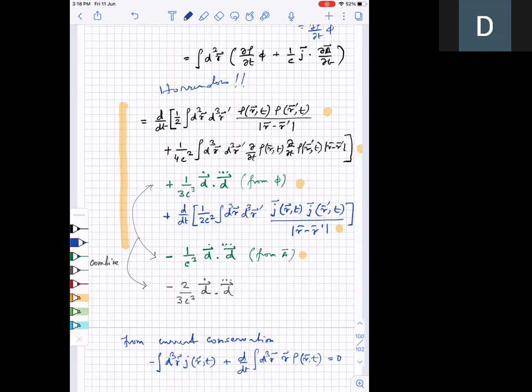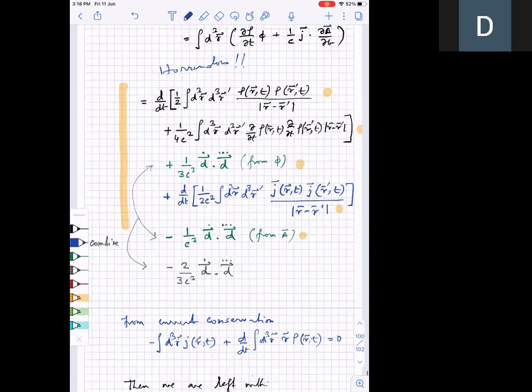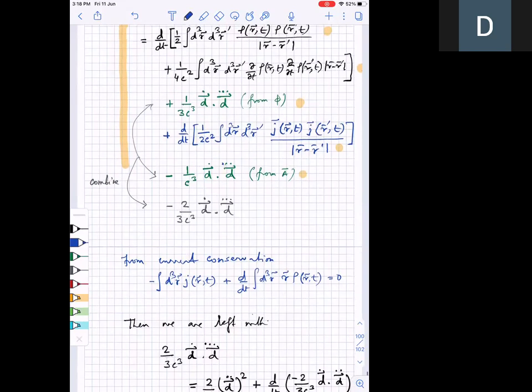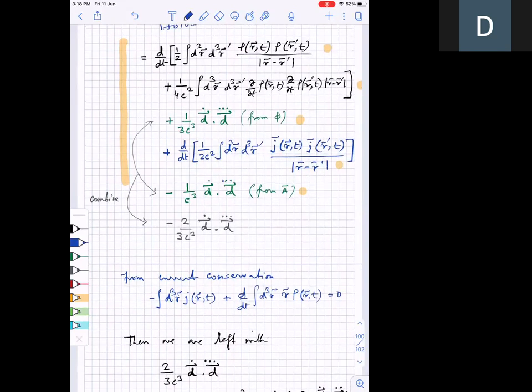So what are we then left with? From this very complicated equation, we are basically left with this equation: 2 by 3 C cubed D dot D triple dot. That's where we are left. So this whole work done comes to this one small number.